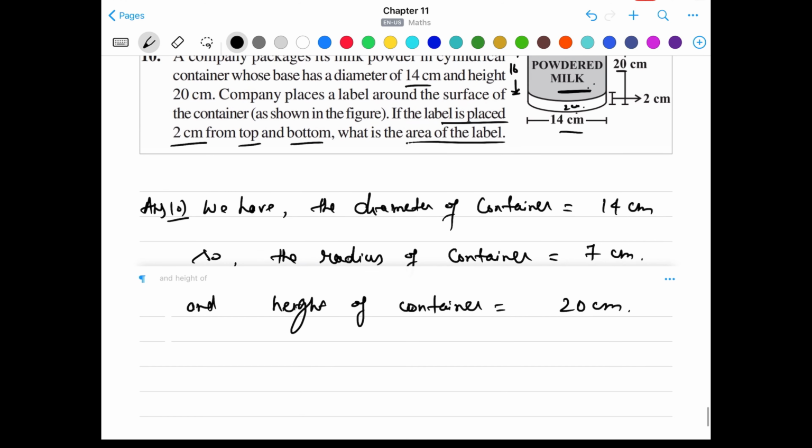But the label is placed leaving a space of 2 centimeter above and at the bottom.